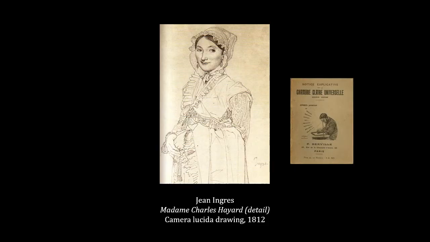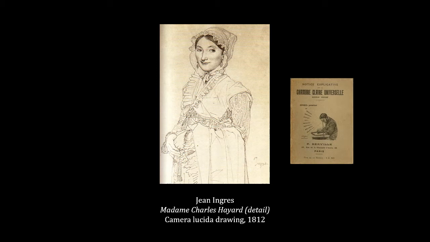So here there's Jean Ingres, with the camera lucida. One of the main ways to have a portrait done, because it's the artist's hand, a person creating it, becomes acceptable, usable, widely available.